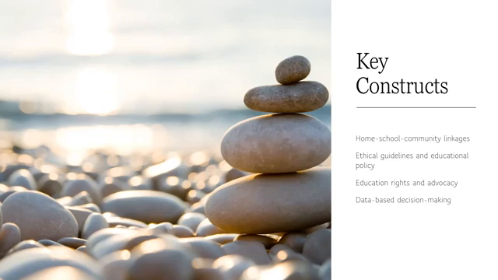The next one, ethical guidelines and educational policy. School social workers follow professional ethical guidelines and carry out federal and state educational policy to provide the highest level of school social work practice. The NASW Code of Ethics, as well as the SWA Ethical Guideline Series, again, defines what those expectations are for ethical school social work practice.